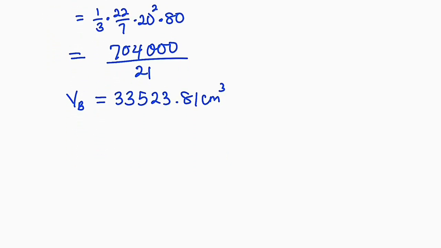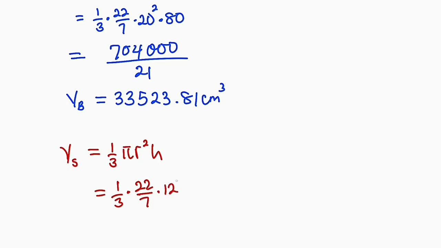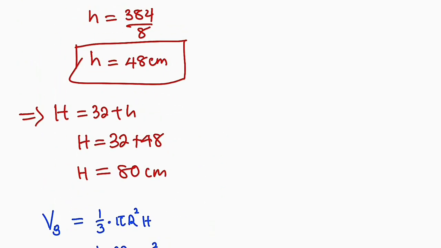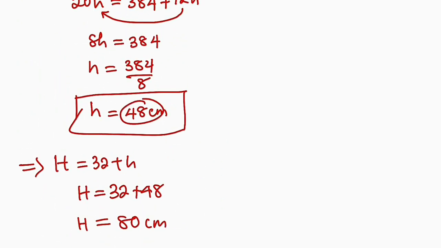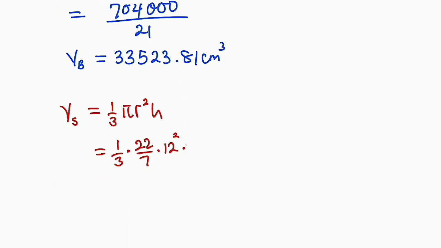Then we need to find the volume of the smaller cone. The volume of the smaller cone is equal to one-third pi r squared h, everything in small letters. This is one-third, pi is 22 divided by 7, the radius for the smaller cone is 12 squared, and the height is 48.